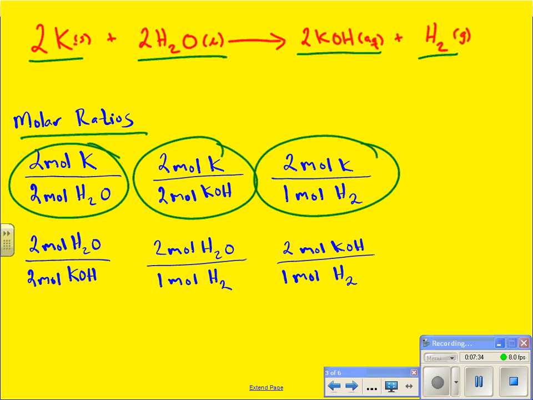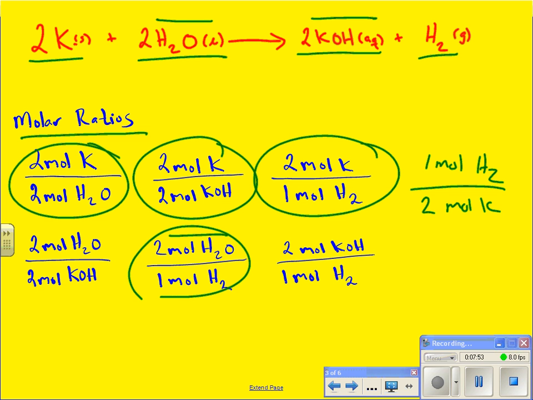It's just as true to say 1 mole of H2 is related to 2 moles of potassium. I've shown you the rest of them on the bottom here. Here's the relationship between water and potassium hydroxide. Here's the relationship between water and hydrogen. And the final one would be potassium hydroxide and hydrogen. 2 moles of potassium hydroxide related to 1 mole of hydrogen.